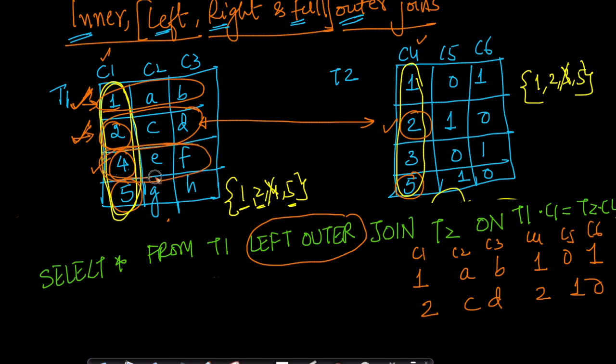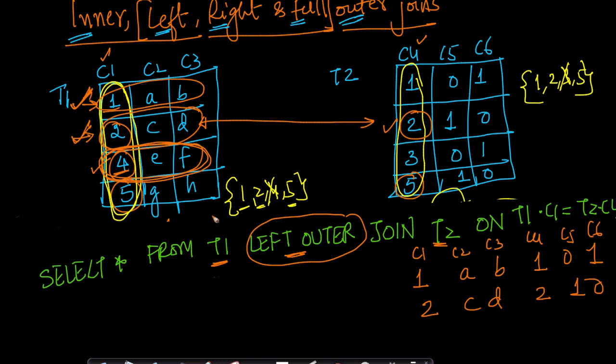Now let's look at 4 here. This is the interesting part. In the inner join case, 4 didn't join with anything because there is no value here, so we simply dumped it. We did not have a row in the resultant table with 4. But since we are saying left outer join, because this is the left side of the join. We have 2 tables here, T1 and T2. T1 is on the left side of T2 in the join operation.